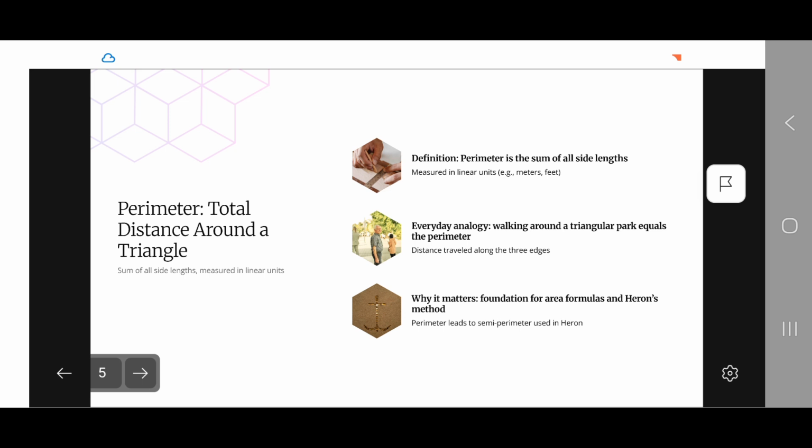Okay, so it's measured in linear units: meters, and feet.